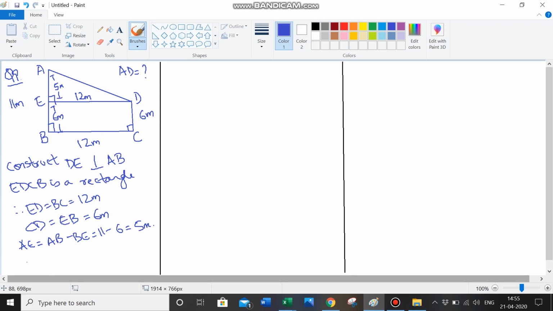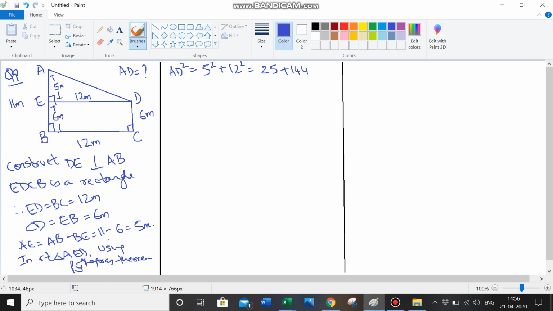Now I have a right angle triangle. In a right triangle AED using Pythagoras Theorem, I get AD square is equal to 5 square plus 12 square, which is 25 plus 144.